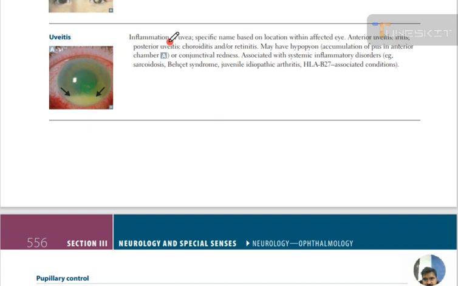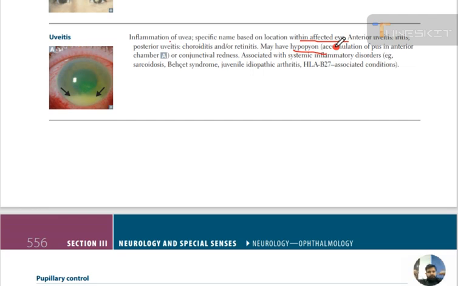Uveitis is inflammation of the uvea, with specific names based on location within the affected eye: anterior uveitis, iritis, posterior uveitis, choroiditis, and or retinitis. It may have hypopyon.